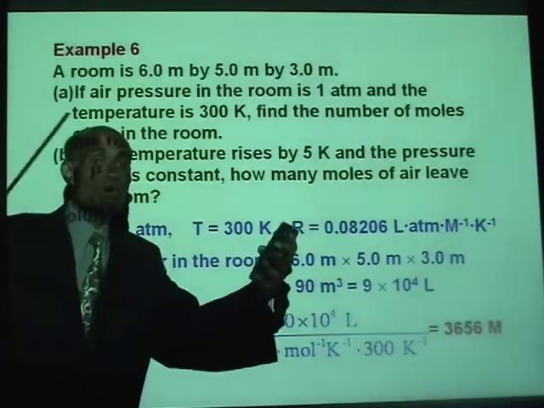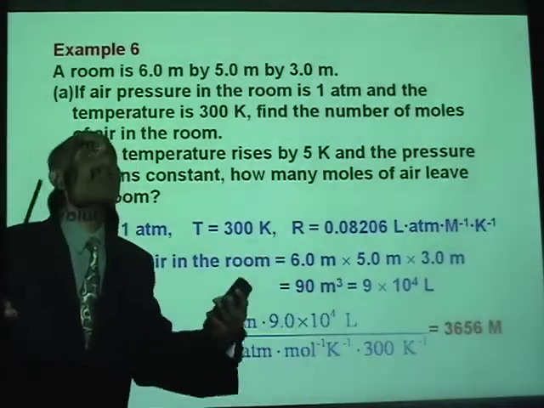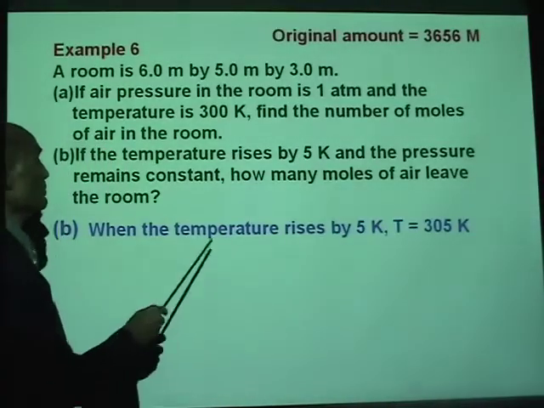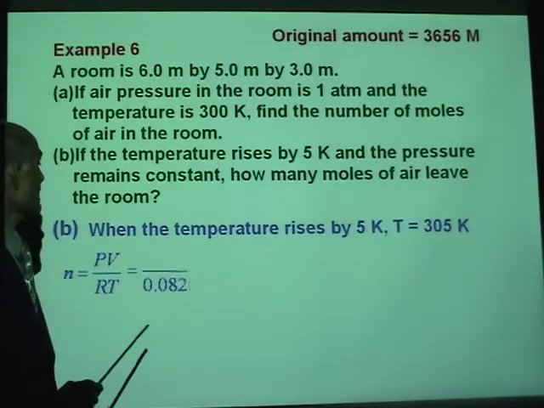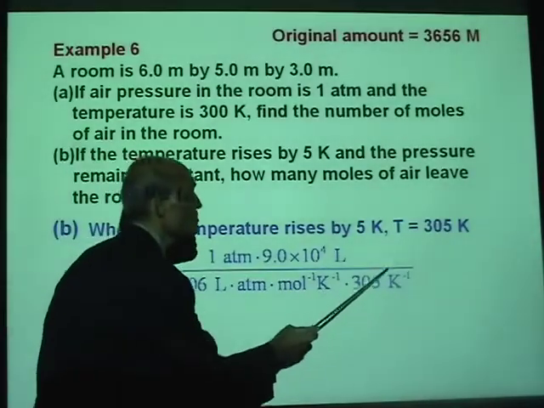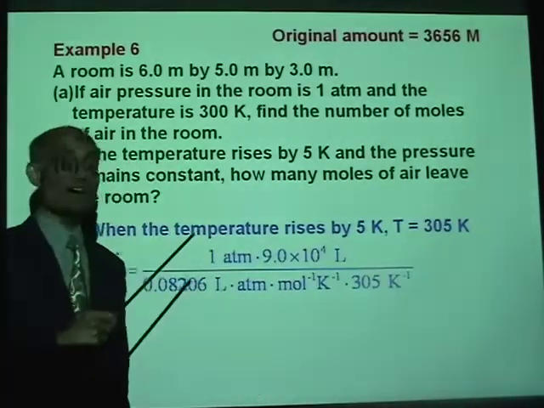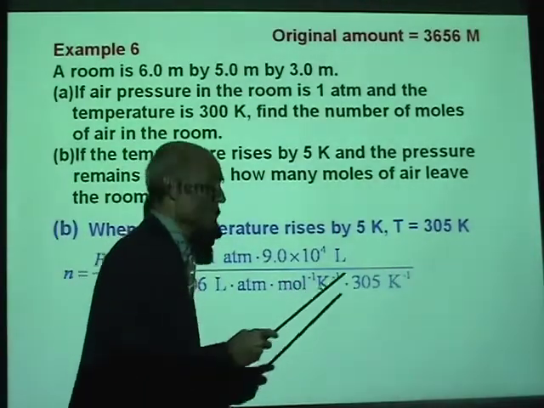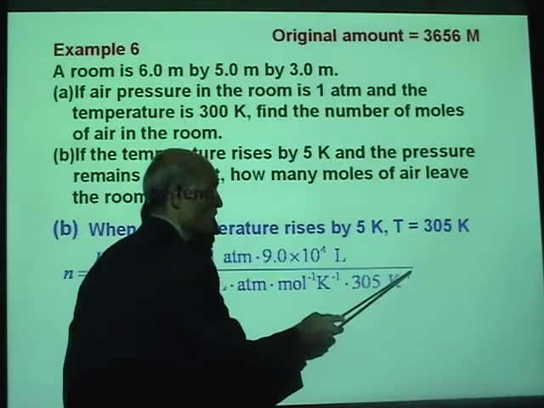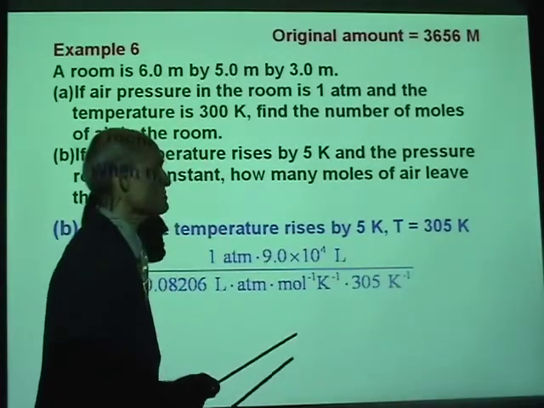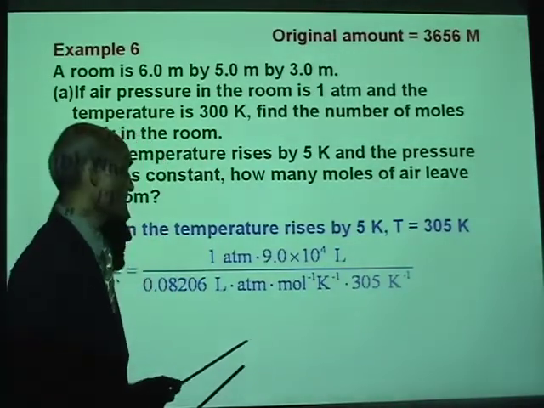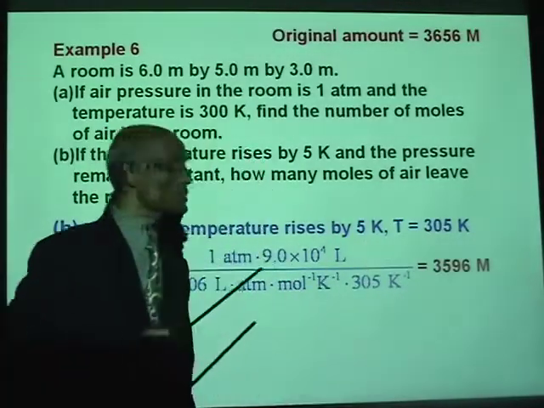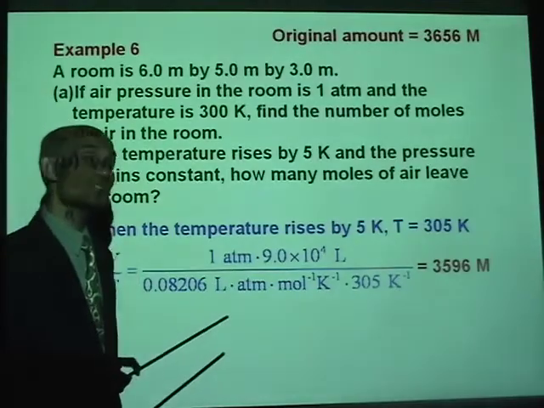Therefore, how many moles of air are there in the room now? Let's go to the next slide. So, when the temperature rises by 5 Kelvin, the new temperature is 305 Kelvin. Again, you notice I've been cutting and pasting, and so I repeated the same mistake. So, cut that off. That must be Kelvin, not per Kelvin. And what does that give you? 3,596 moles are left now.